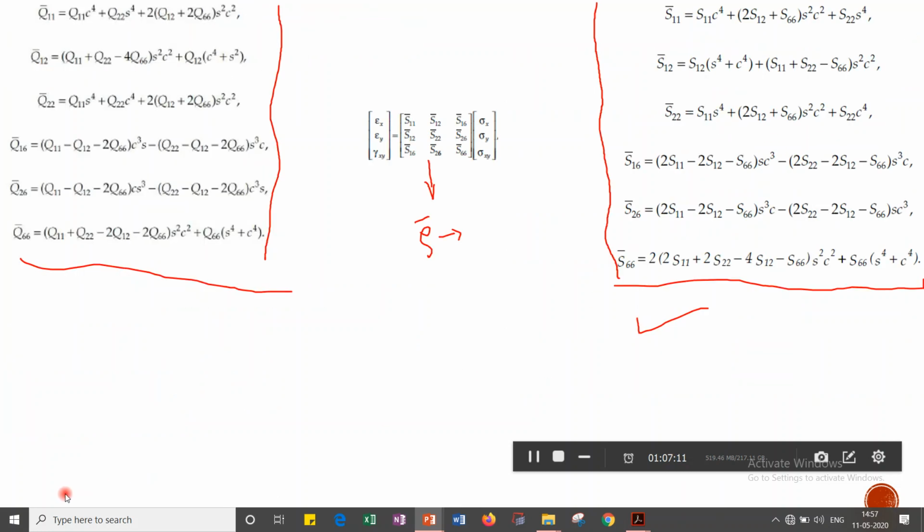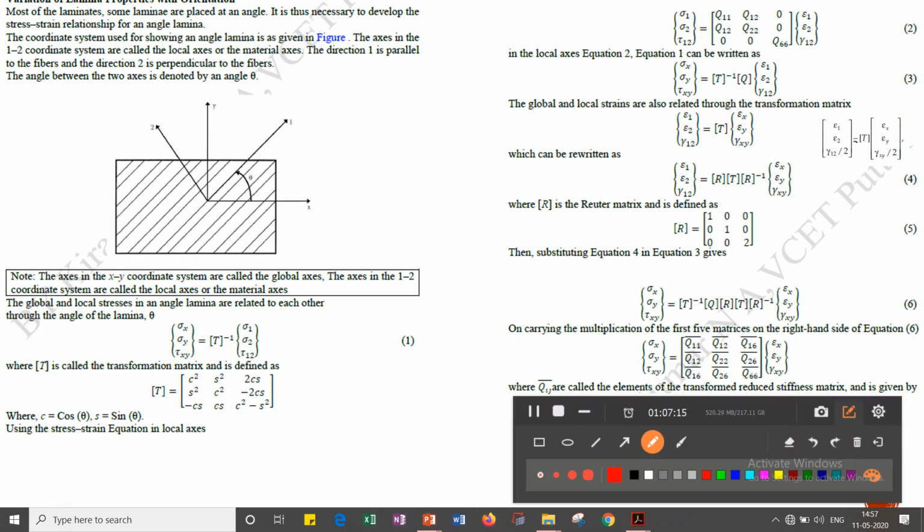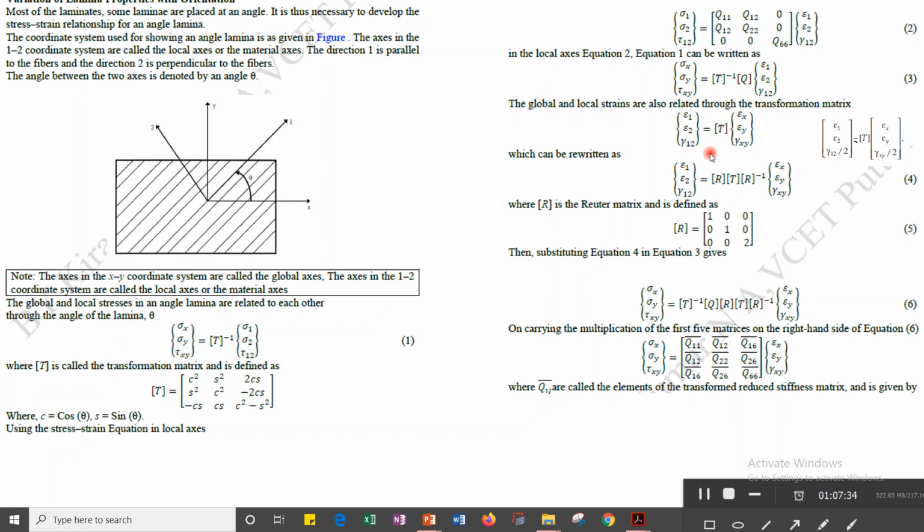It should be divided by 2. Here also it's divided by 2. Sorry for that inconvenience. Let's calculate this part.